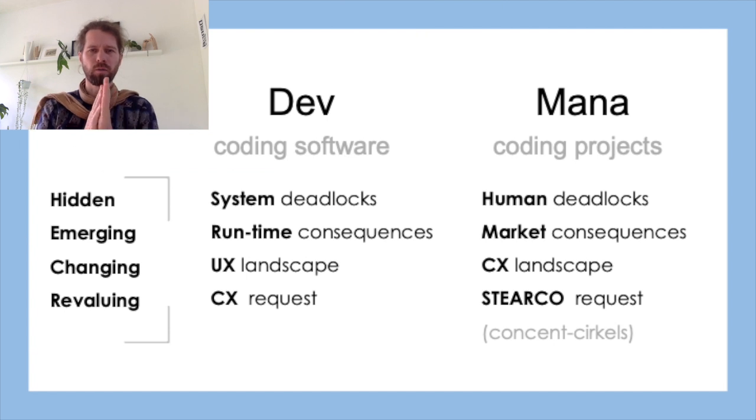And now the next thing I'm going to do is look at how this relates to development and how this is different to management. So the first thing we need to notice is that with development we are coding software, so product, while with management we are coding a project. And coding a project, that's going to be way more related to people.